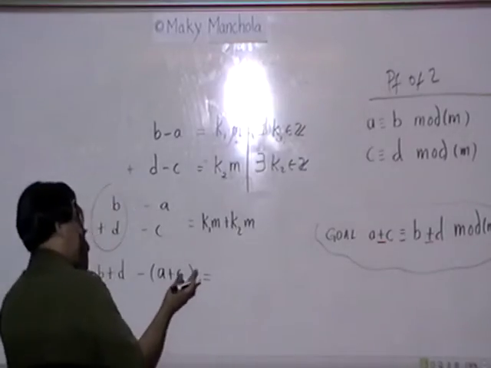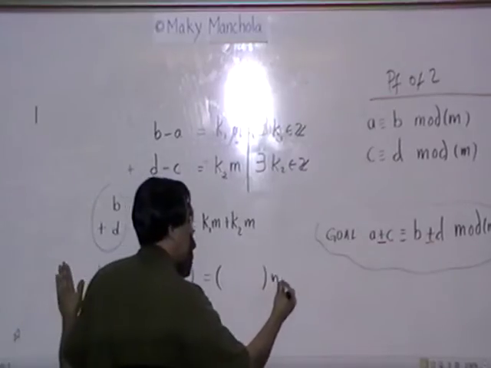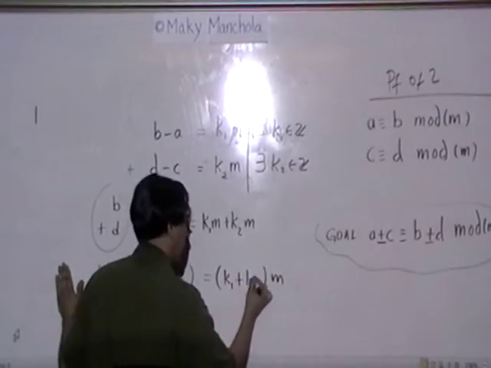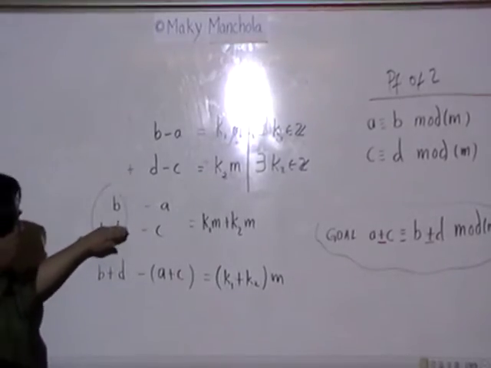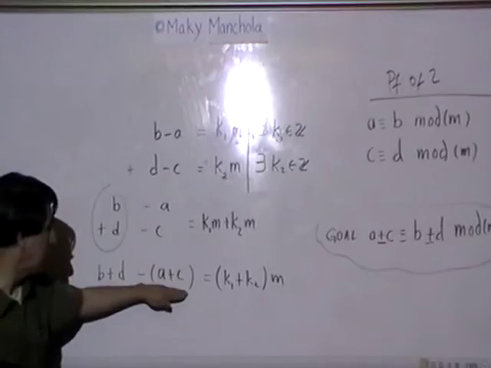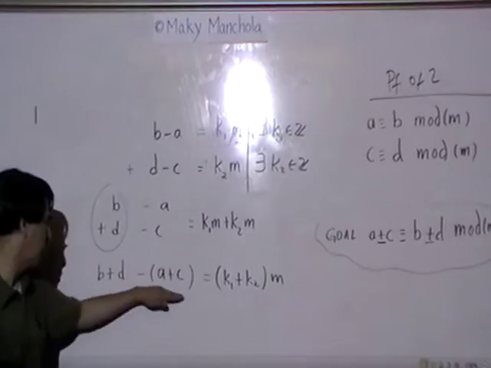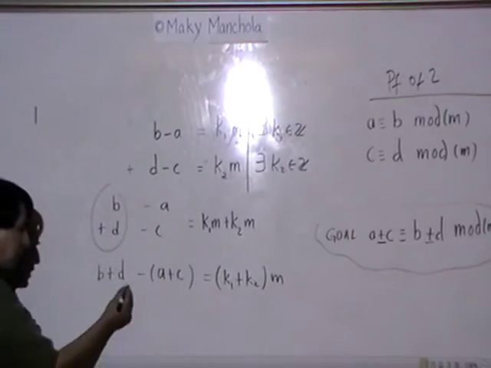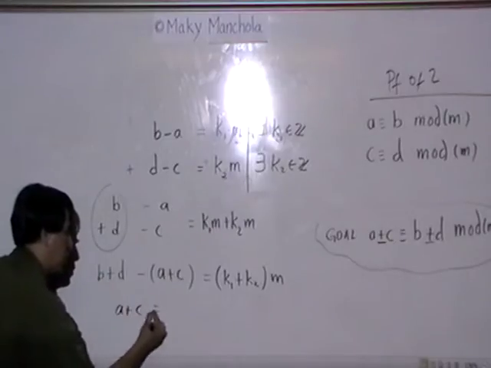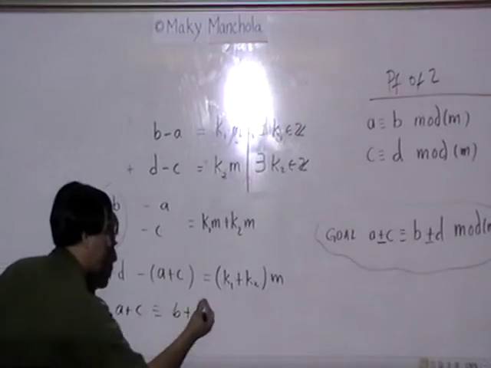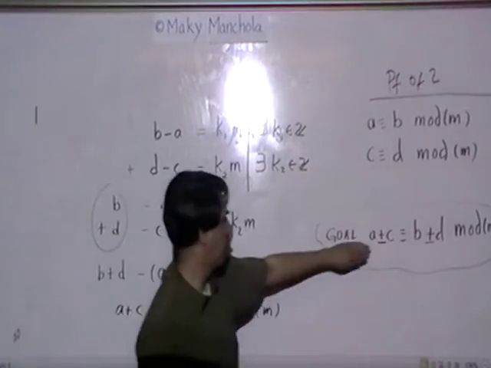Now, realizing that this is a multiple of M, it's just a matter of factoring out the M. Okay, so we've got one of our goals accomplished. We have that B plus D minus A plus C is a multiple of M. So that's just the same as saying that A plus C is congruent to B plus D mod M.